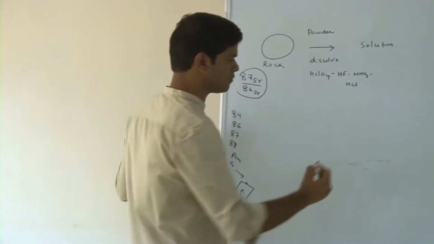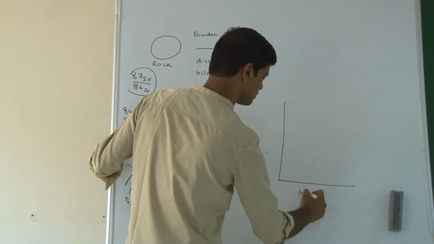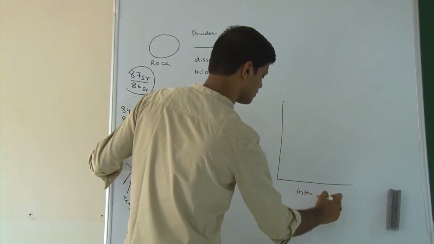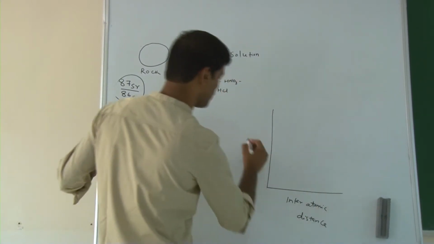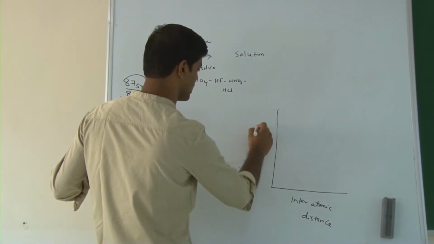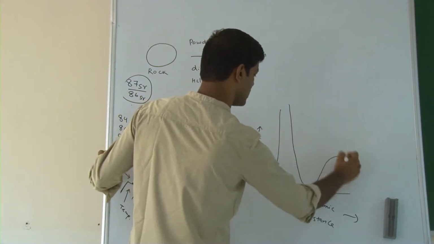So, if you see the interatomic distance and potential energy for some of these atoms, that should follow something like this.